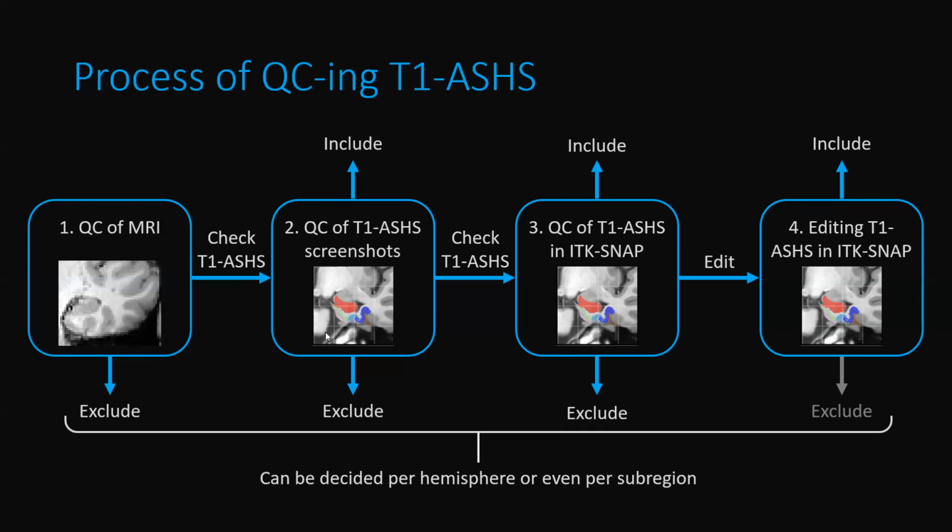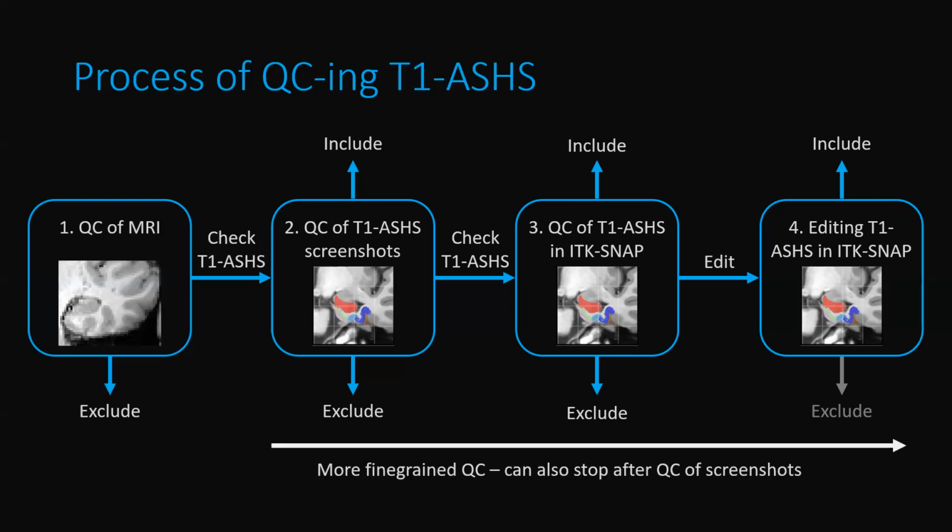For each of these steps, you can make decisions per hemisphere or even per subregion. For example, you can say we're keeping everything except left hippocampus. That could be an option. I also wanted to mention that from left to right, from step 2 to 4, the QC is becoming more fine-grained.